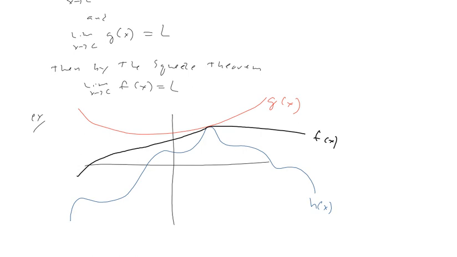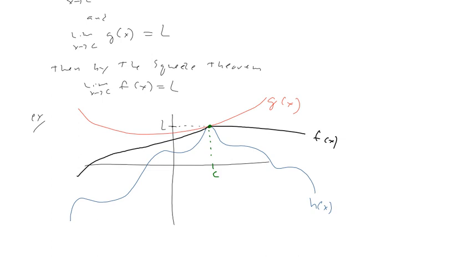Okay? And so right here, this is where I'm going to call c, some location of the graph. And here, this is going to be L, whatever value of the spot the graph is located at, the function is located at.